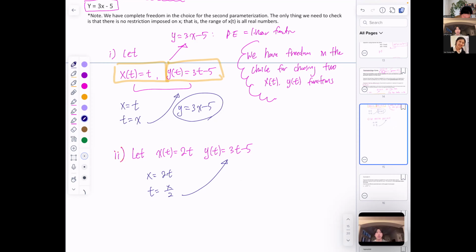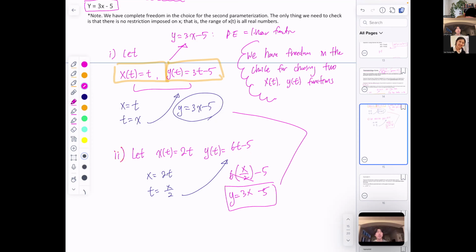Okay, let's see. I'm going to change this one. 6t minus 5. Okay, so 6t is x over 2 minus 5. Yes, y equal to 3x minus 5. Same answer. So you see that? These two functions also give you y equal to 3x minus 5 parametric equation.